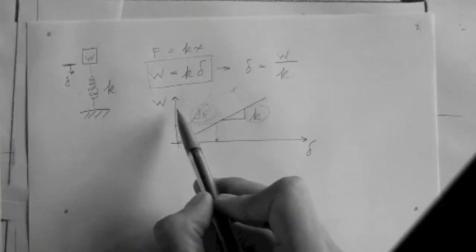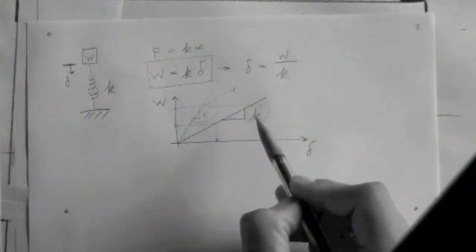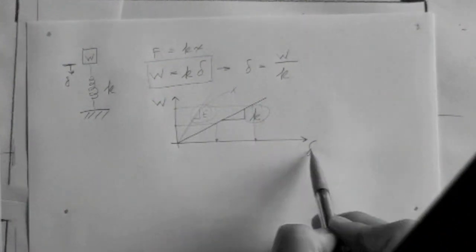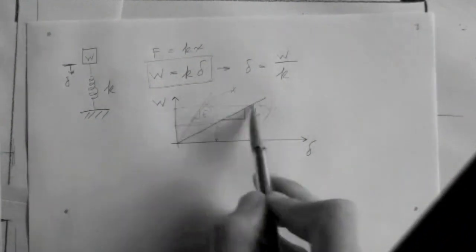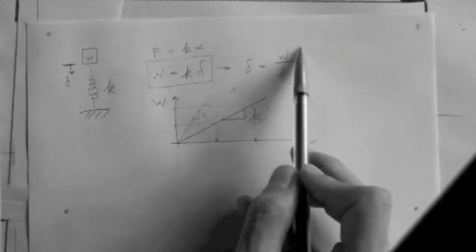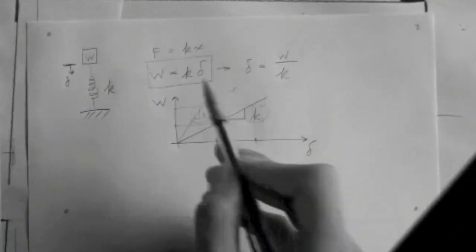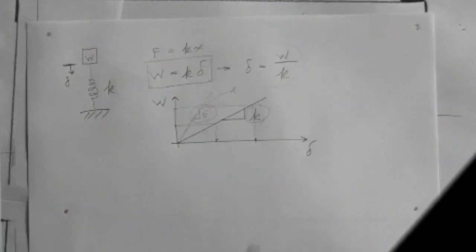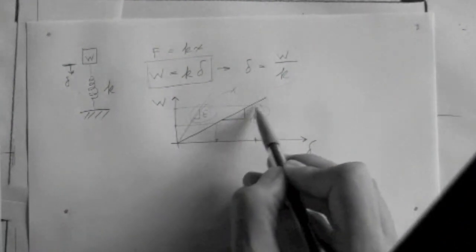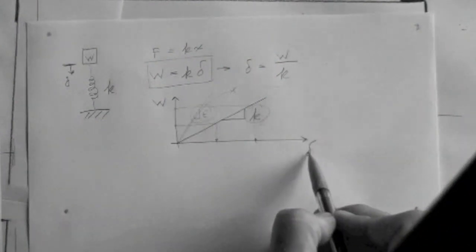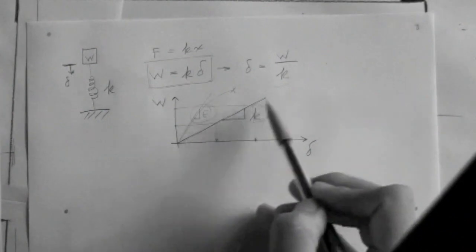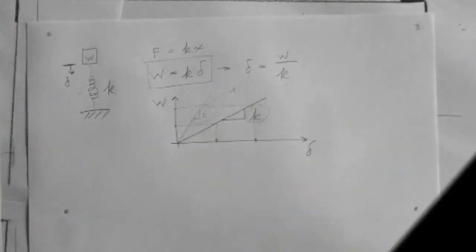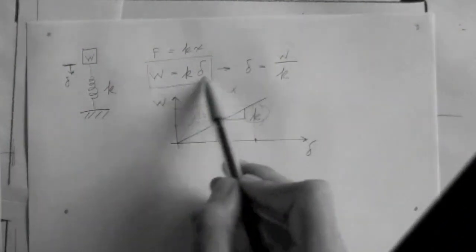Let's say we're going to put a higher weight. This is the deformation that will be incurred. Doing this graphically is the same as using this equation or this equation. They're the same equation. Now, this curve of force versus deformation, which is a line, is the curve for a spring. The equation is very simple.